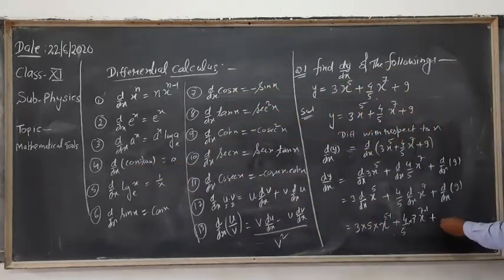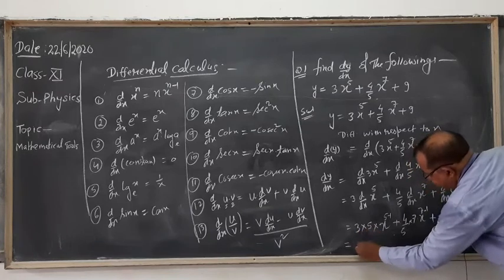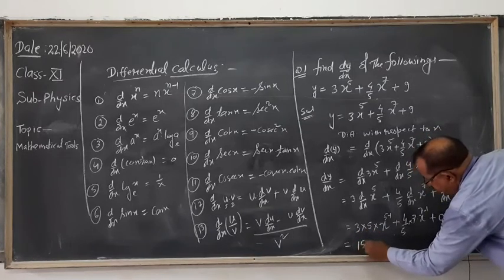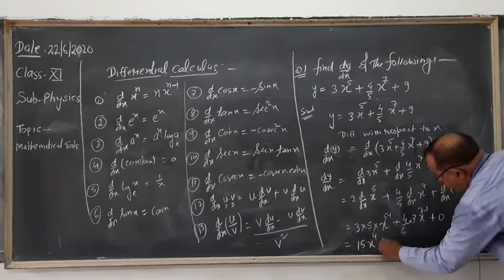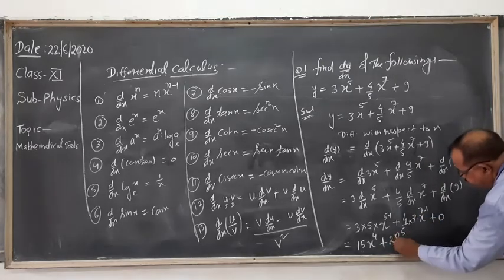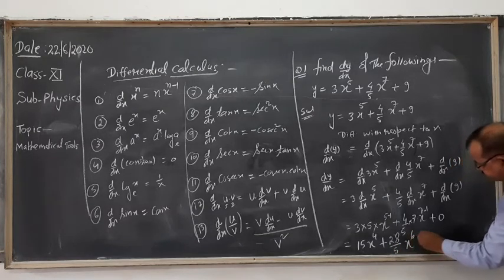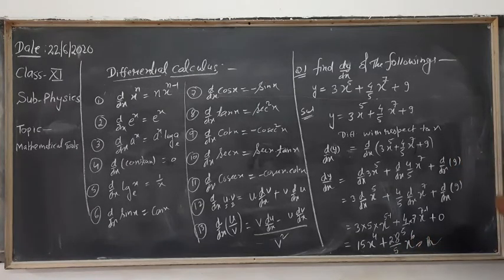So, this will be 0. Now, solve this. 3 5s are 15 x to the power 4, 7 4s are 28 upon 5 and x to the power 6. This is the answer. So, this was the first question.